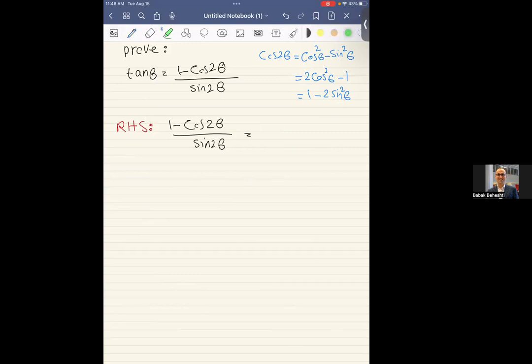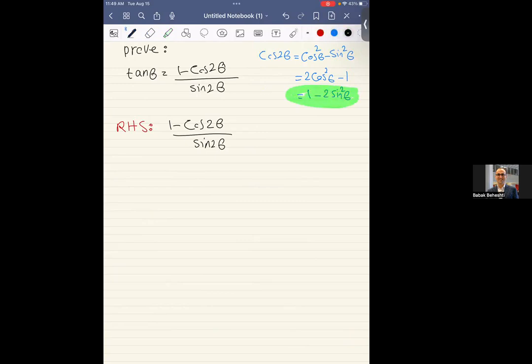Okay, so we have these relations for cosine of 2 theta. Now, for 1 minus cosine of 2 theta, if you use the last line, cosine of 2 theta is 1 minus 2 times sine squared theta.